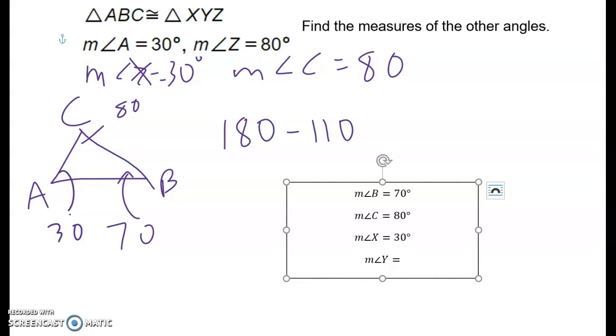And finally, angle Y is the same as angle B. It would also be 70 degrees. So we can figure out all the angles knowing a couple of them. We use the fact that the angles are congruent to figure that other part out. Okay?